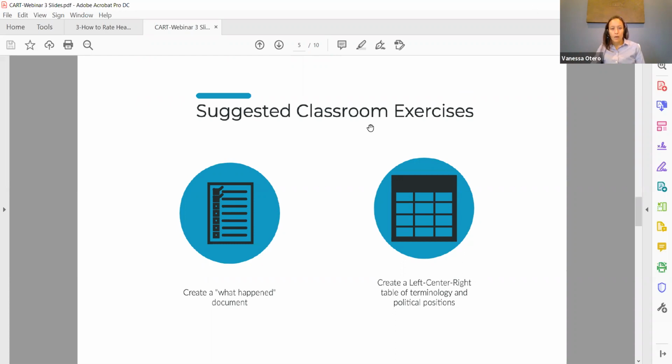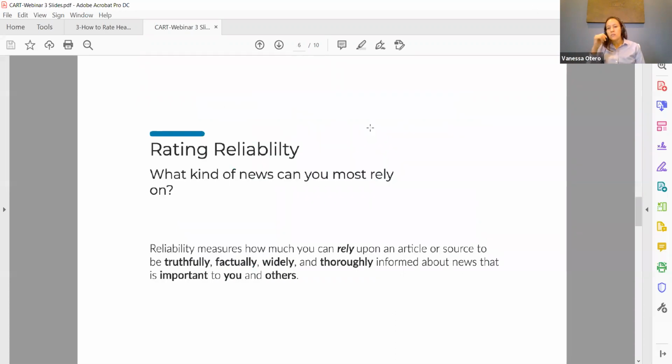Okay. All right. So let's go back to rating and reliability, and we'll dive into the full rating methodology here with another article. So remember, our definition of reliability is what news can you most rely on.